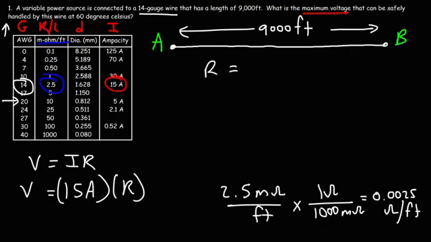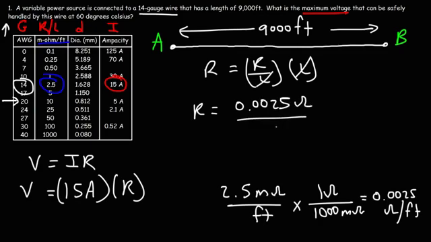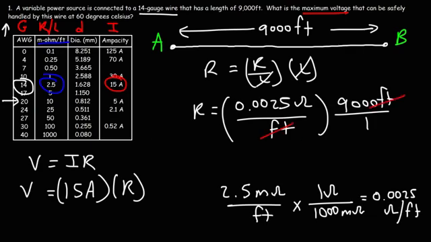The resistance is going to be the resistance per unit length times the length of the wire, because the feet are going to cancel out. So we're going to multiply 0.0025 ohms per foot by 9,000 feet. So we can see the unit feet will cancel. And so it's 0.0025 times 9,000. And the resistance of this wire is going to be 22.5 ohms.